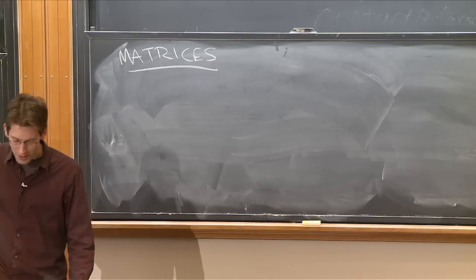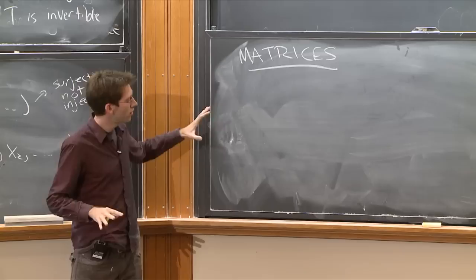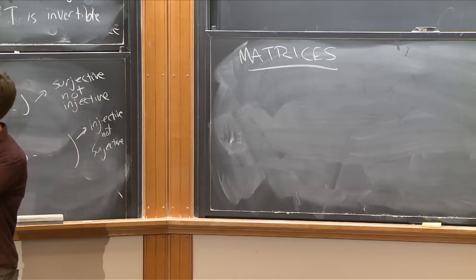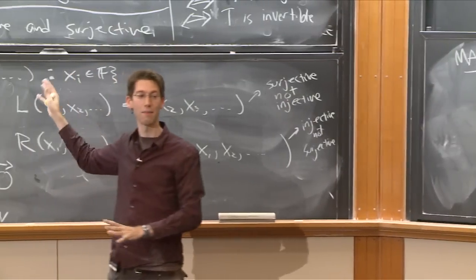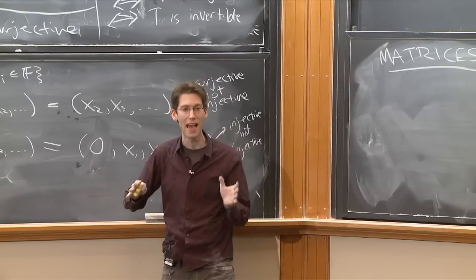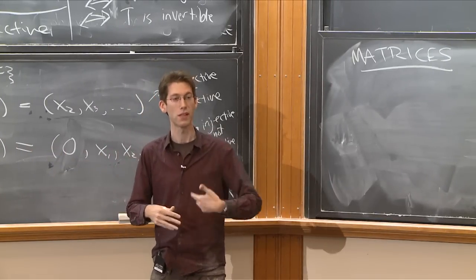The reason why matrices are not universally loved by mathematicians is I haven't specified a basis this whole time. If I want an operator, all I needed was a vector space and a linear function from a vector space to itself.